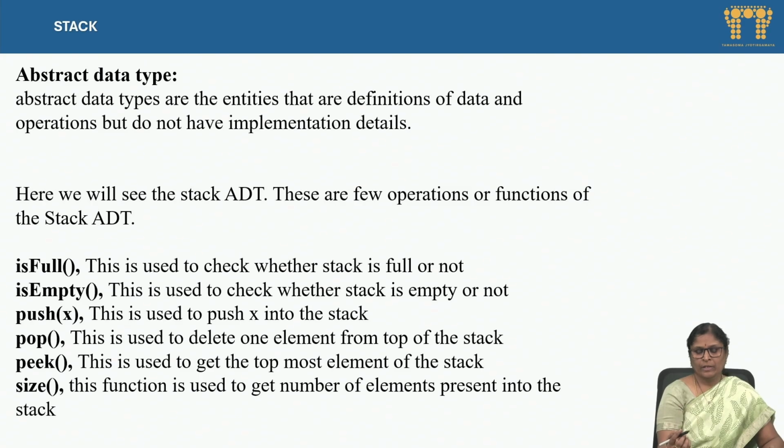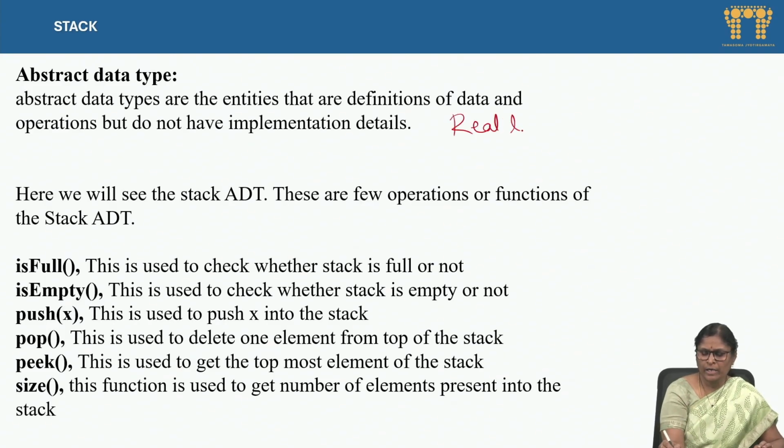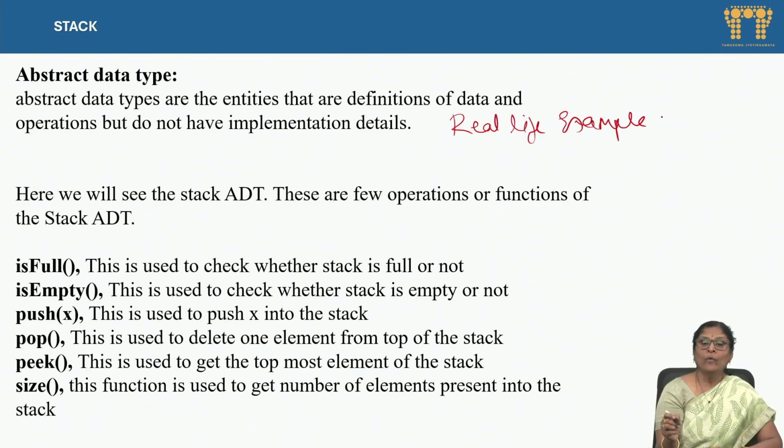Now we discuss what is an abstract data type. Every data structure, we say, is an ADT. I will give a real life example. The best example of an abstract data type is an ATM machine.